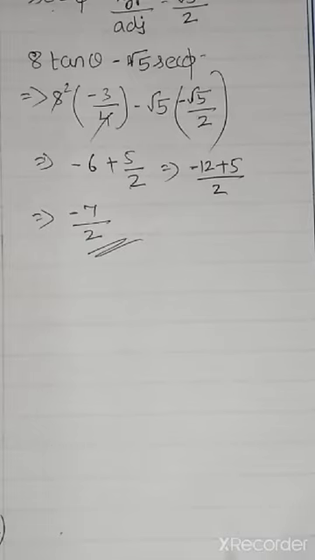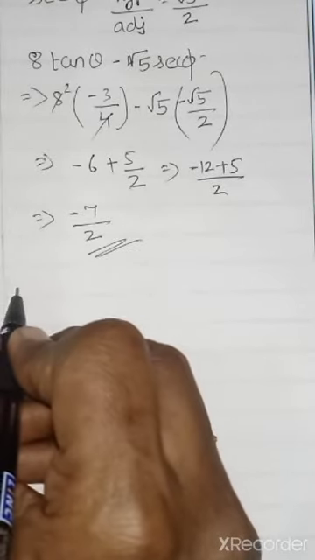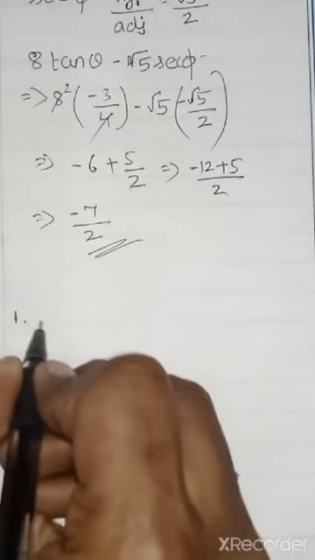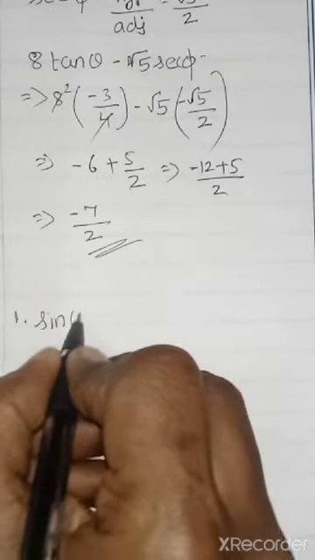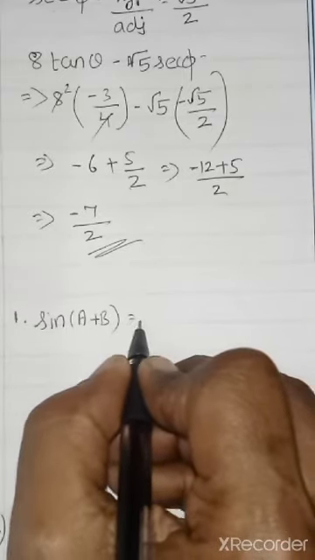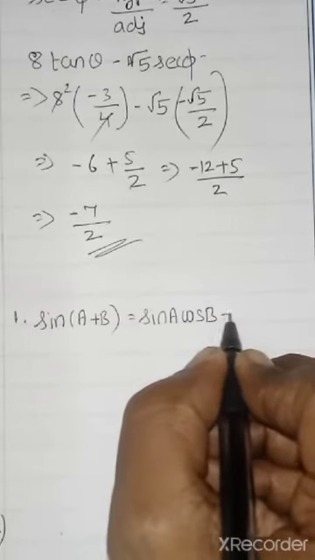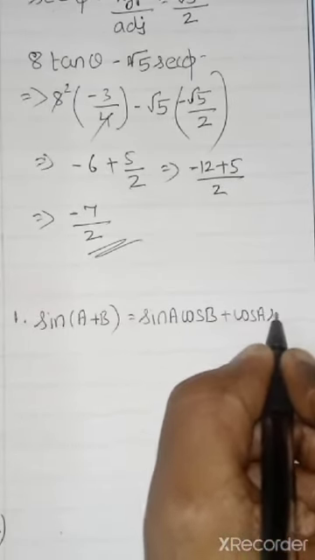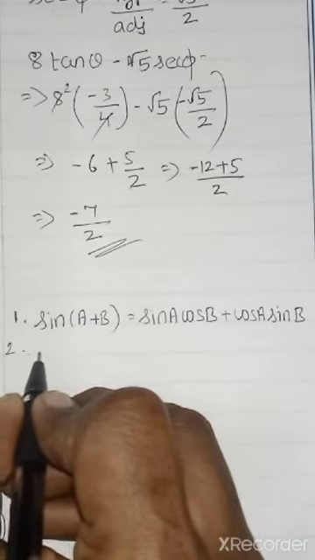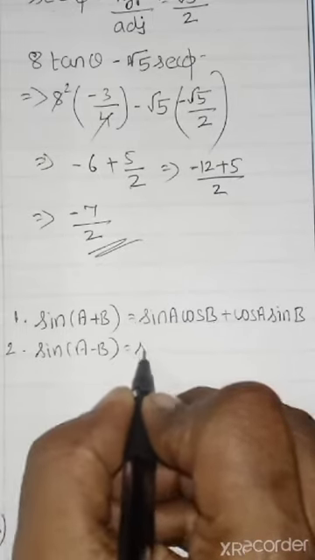Okay, now we have some more formulas for this, and this is very important, so you can take it in your classwork note. First one, sin A plus B. What is your sin A plus B formula? Sin A cos B plus cos A sin B. Next, second one, sin A minus B. Same formula with a minus sign.